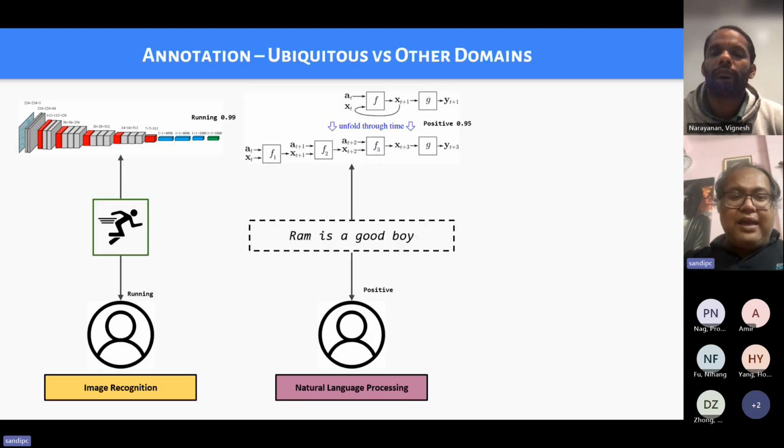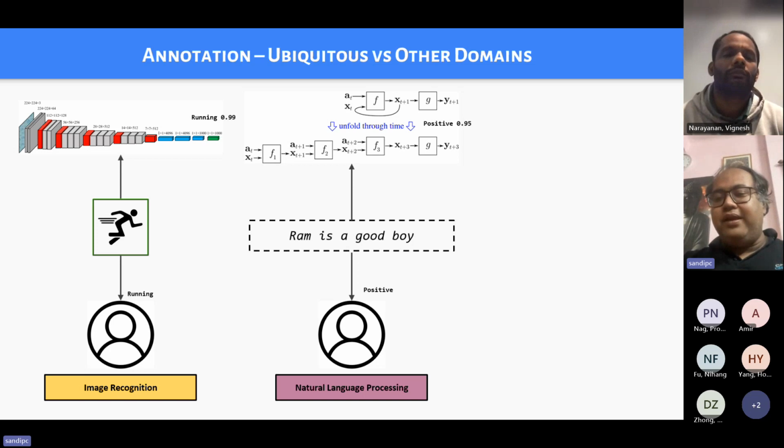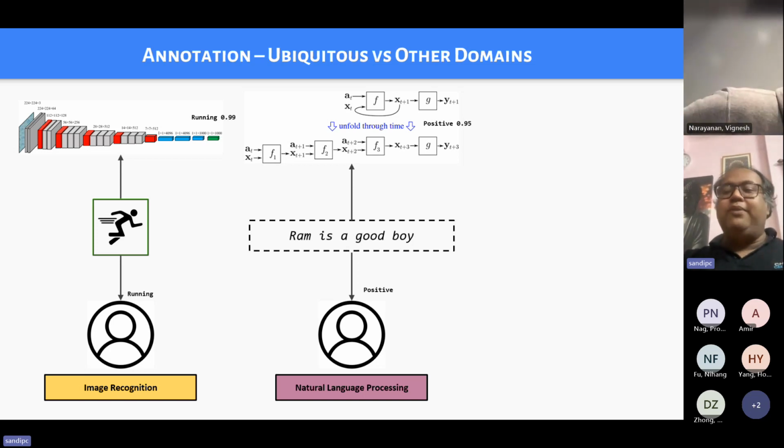And as I was telling you earlier, annotation in the pervasive domain has this specific and particular challenge, which is possibly not there in other domains like image recognition or natural language processing, because there the same data which is being labeled is itself used to develop or train the model.